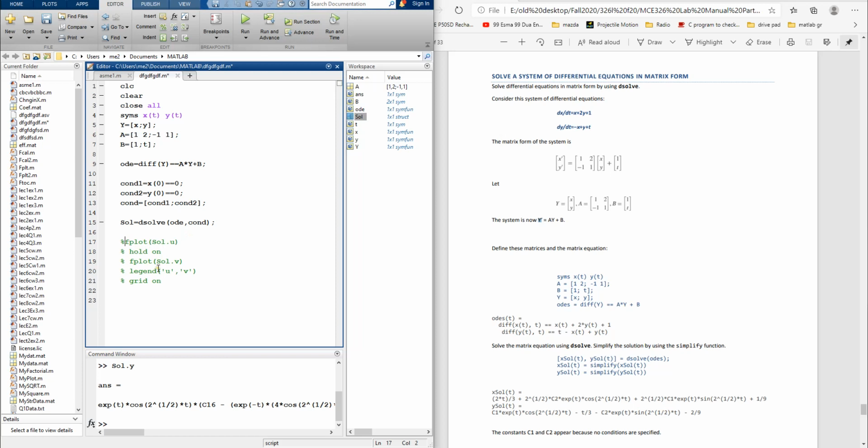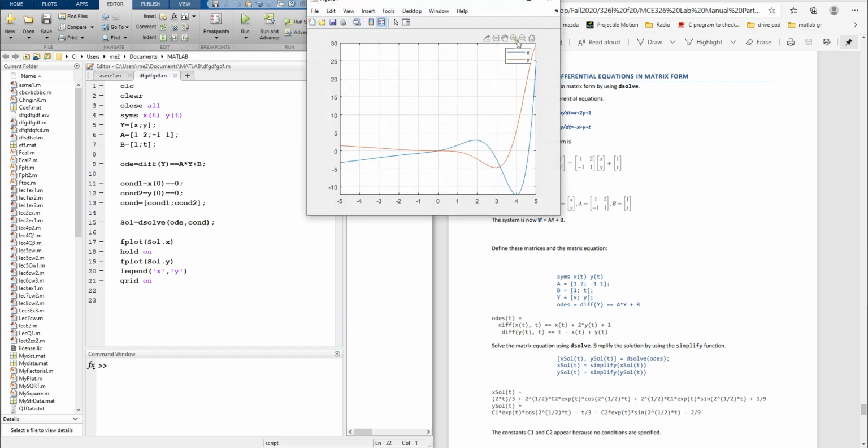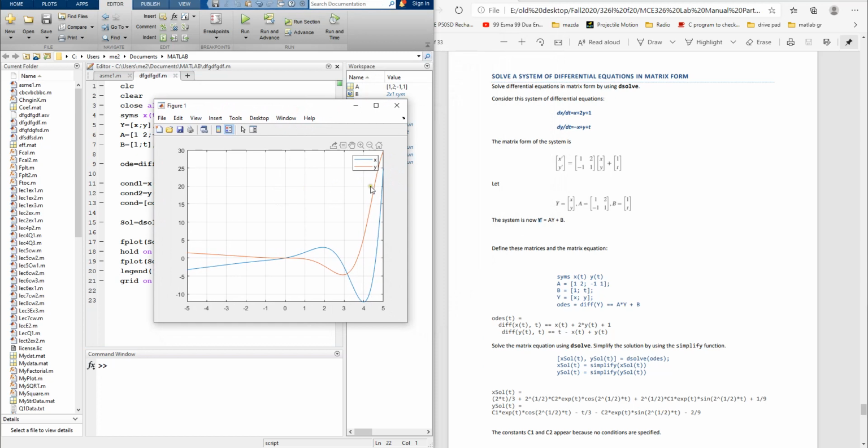Then if you want to plot the value of x and the value of y, same story. You write sol.x and sol.y here and change the legend from x to x and y. Save, run to see the result. As you see here in the result, the x is in blue, the y is in red.